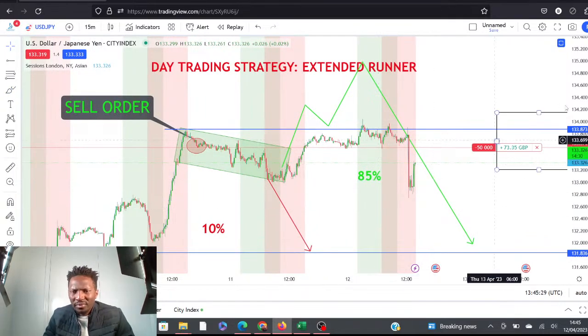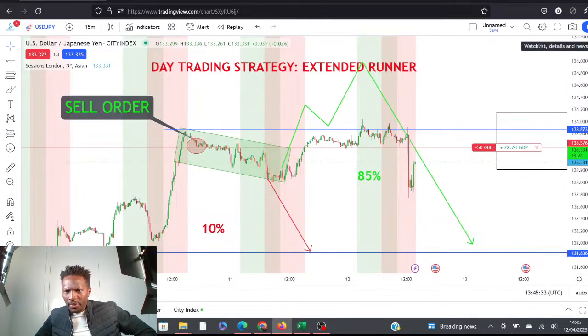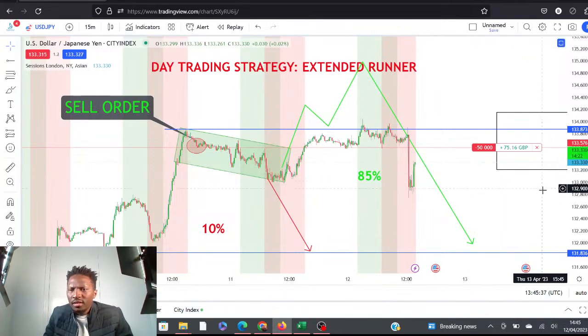Once we get to around 3 o'clock, I'm going to be switching this to the dollar CAD so we can see how the market is going to react to that. I'm not going to be trading it because I don't have any valid trade setups that give me a good risk to reward ratio. So I'm definitely not going to be trading any of the Canadian currency pairs.